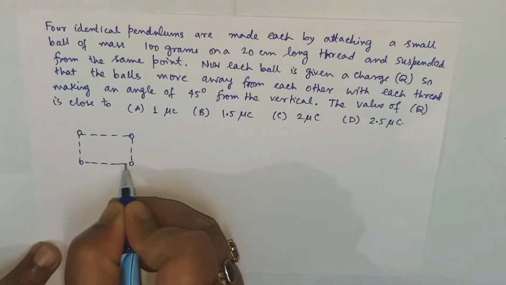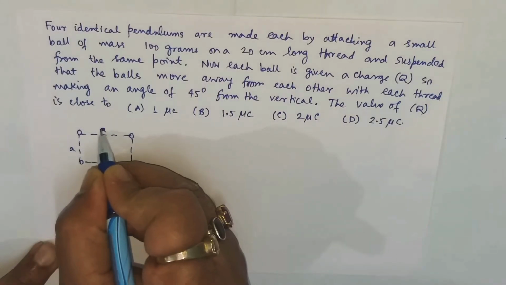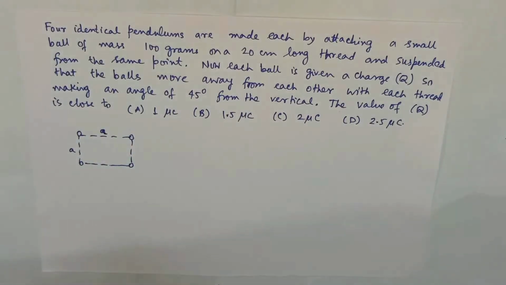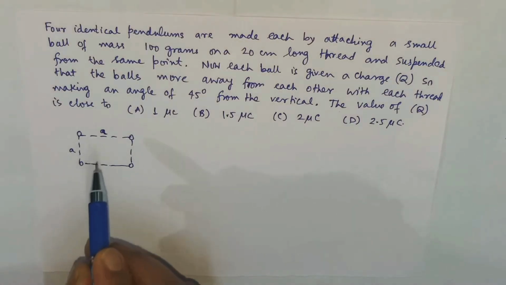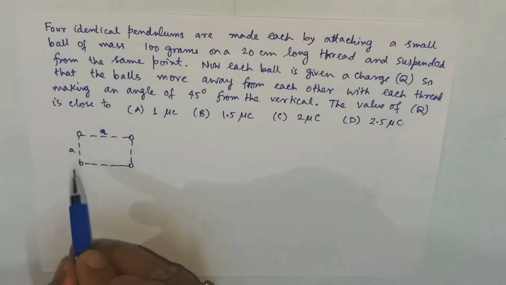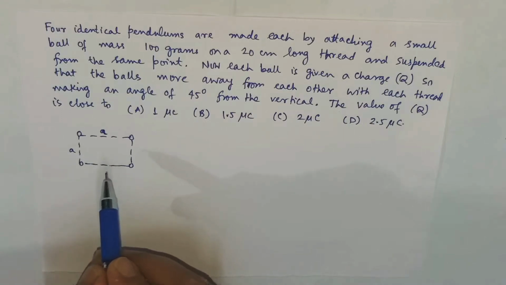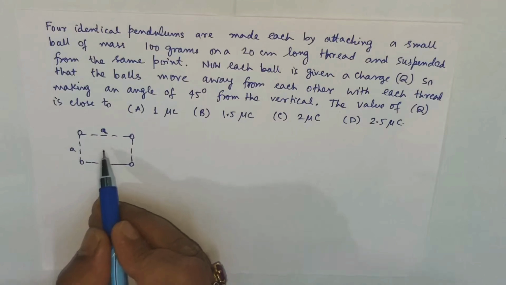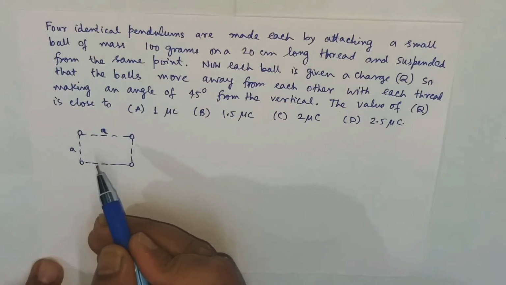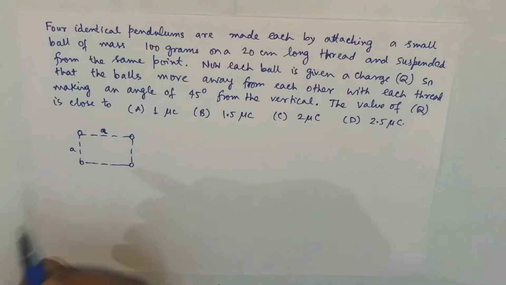Now what will be the side of the square? For example, at present, let me take it as a. Then what will happen? The thread is being suspended, and therefore you can imagine that it is forming a pyramid, is it not? So exactly above the center of the square is the point of suspension.